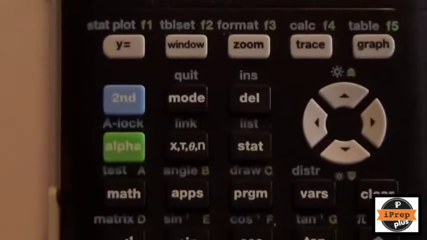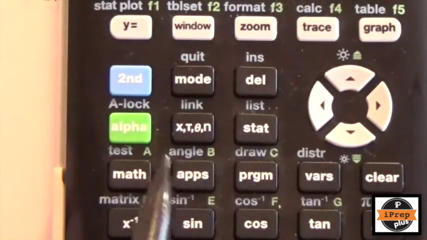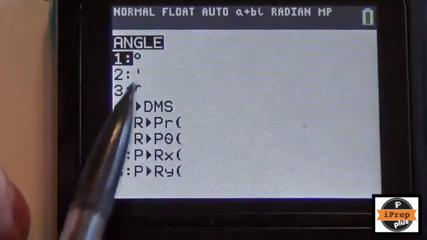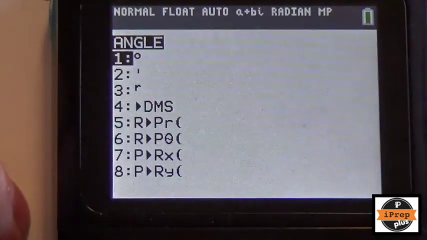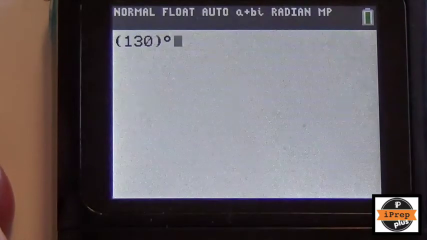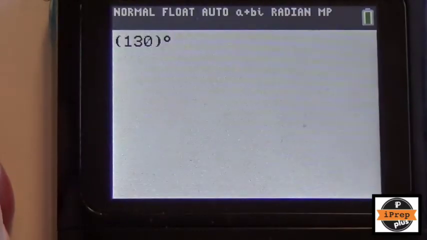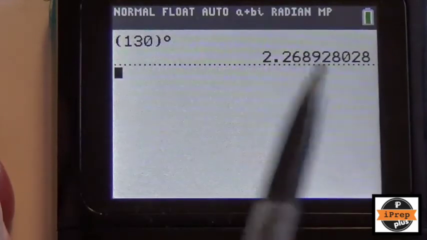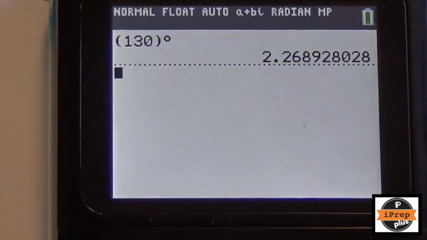And then again, I'm going to go into my angle menu by pressing second apps. But this time, I need to tell the calculator that what I'm looking at is a degree. So I just choose number 1. So that's telling the calculator this is 130 degrees, press enter, and I get 2.26. Okay, that's the decimal that I got before.